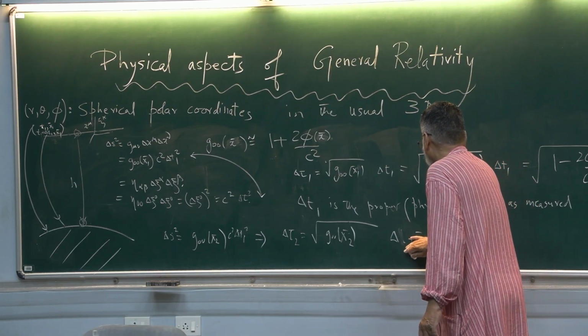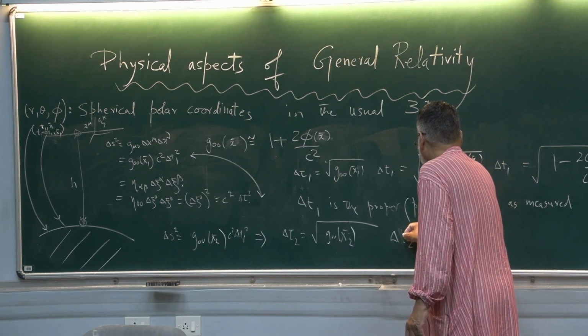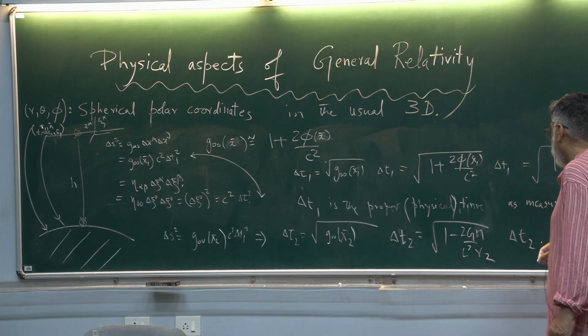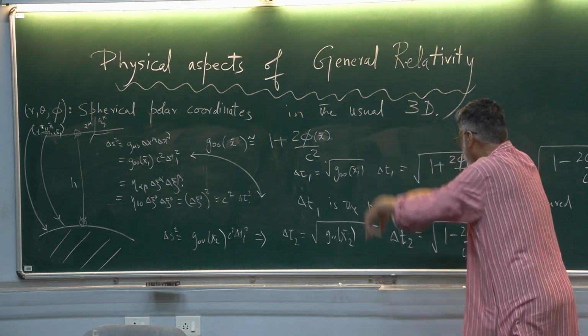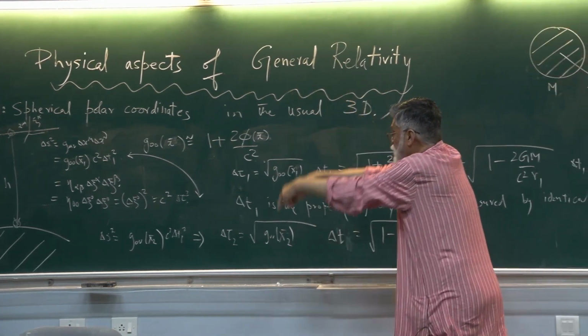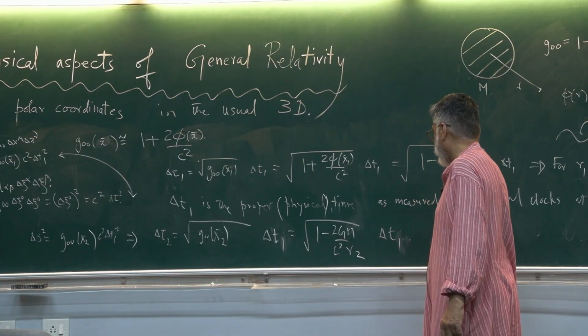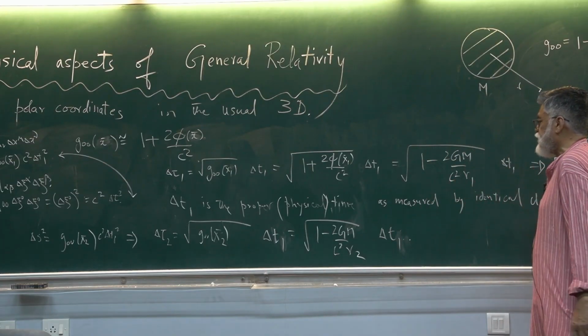This is delta tau 2. This is the same delta t1 because the same light is coming here. The gravitational field is not changing, so the coordinate time delta t1 will be the same.